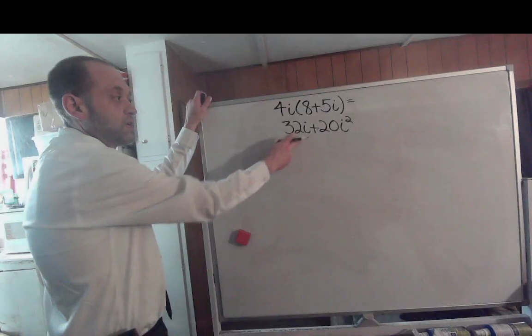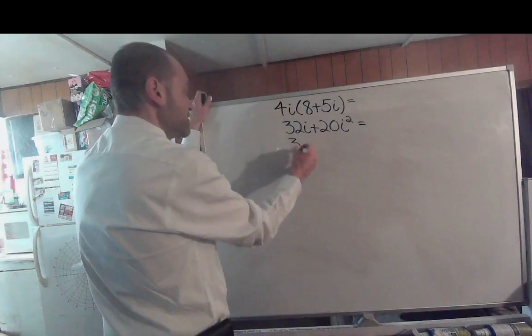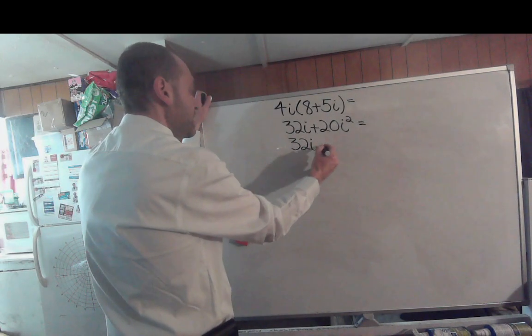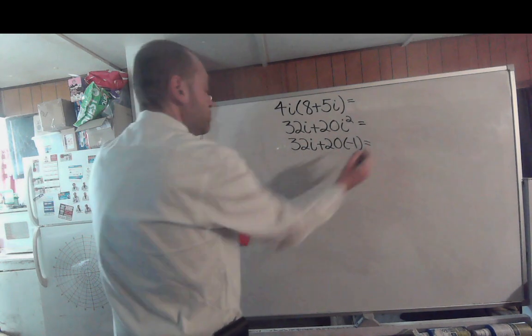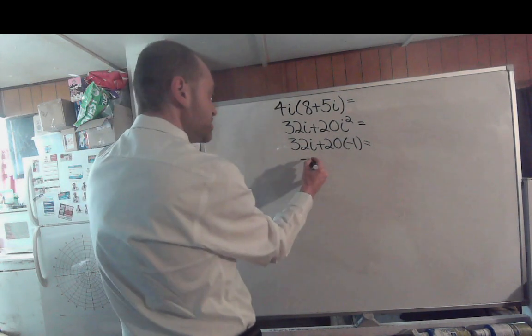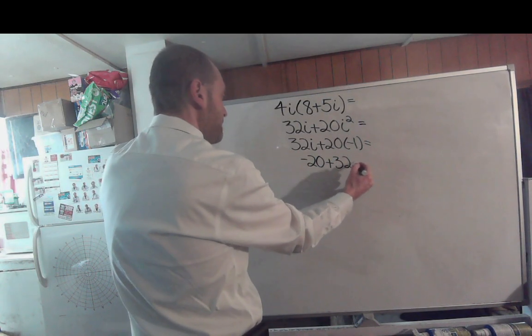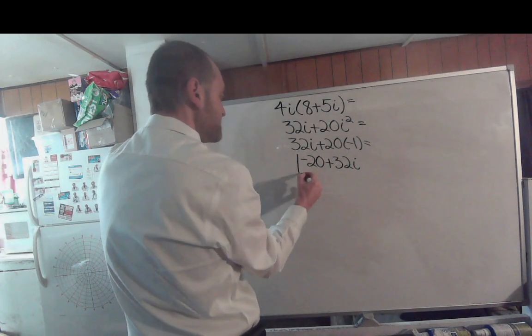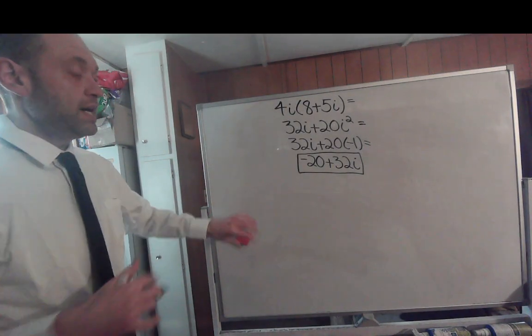I we can't do anything with, but that i squared becomes what? Negative 1. So this would turn into 32i plus 20 times negative 1, which in standard form would turn this into negative 20 plus 32i. So this in standard form is negative 20 plus 32i.